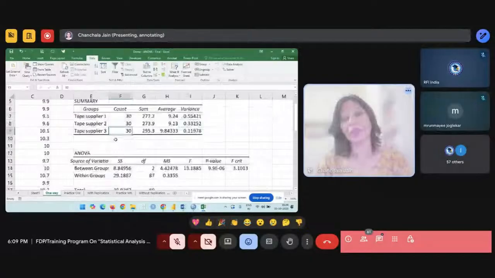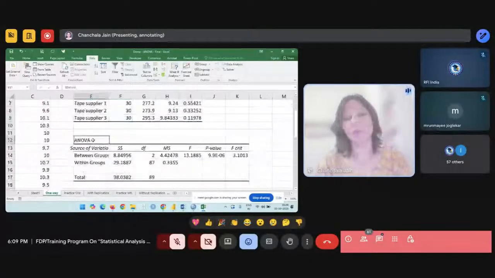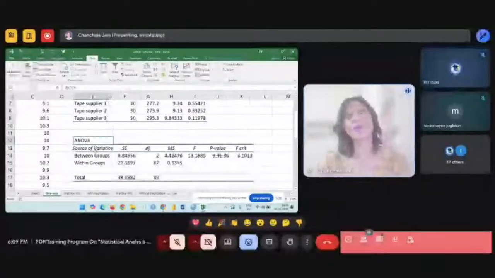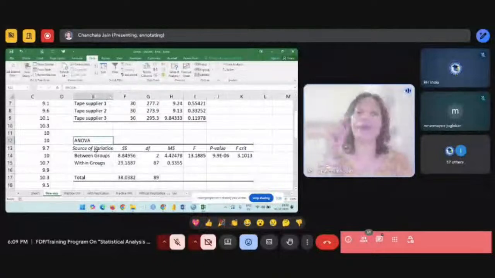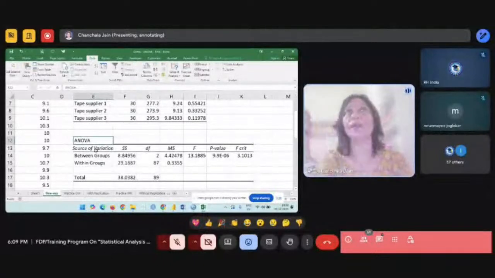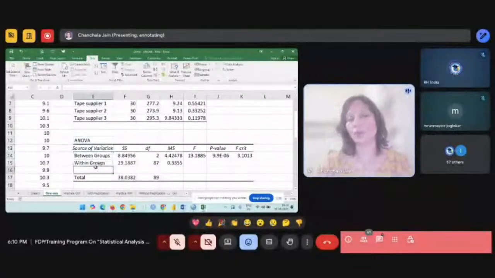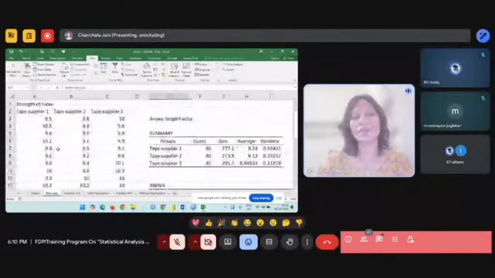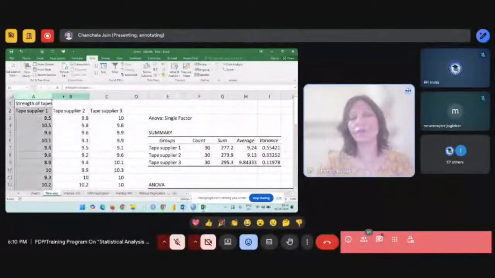Next table is the ANOVA table, which is very important for us, which we usually need to report in our research work, right? There you can find the source of variation. ANOVA stands for analysis of variance. The variance in the mean comes from 2 reasons. First reason is between groups. Second reason is within groups. We have supplier 1, 2, and 3.